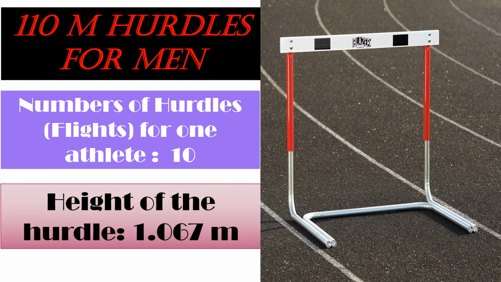And the height of the hurdles in the 110-meter hurdle race is 1.067 meters. This event is conducted for the men category and the height of the hurdle will be 1.067 meters.